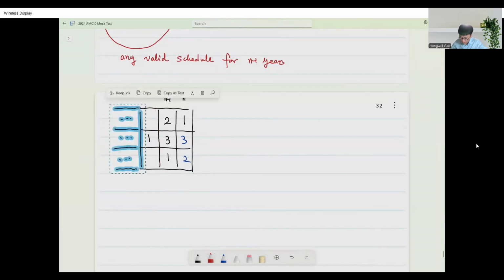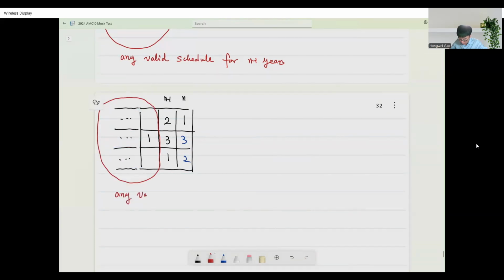This part can be any valid schedule for n-2 years, right? Because 1 is before 3. We will not have 1 after 1, and we will not have 2 before 3. So all requirements will be satisfied.